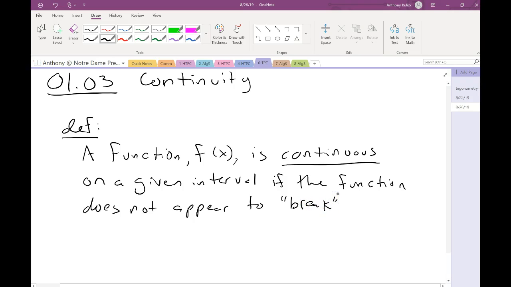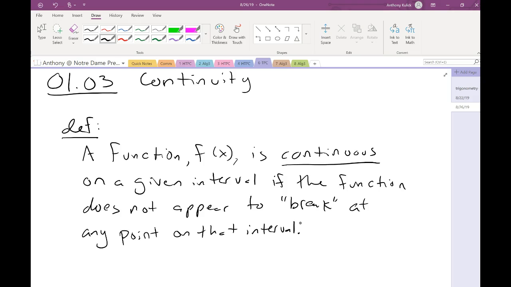I'll put quotes around the word break because that's not a technical term. So basically we're saying if you can draw that part of the graph without picking up your pencil, then the graph was continuous over that part. Everybody okay with that?